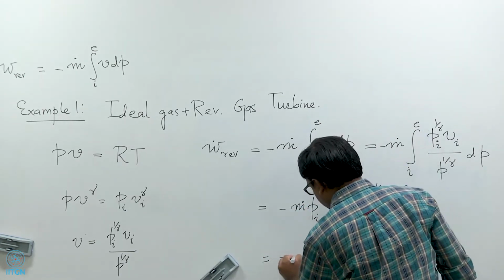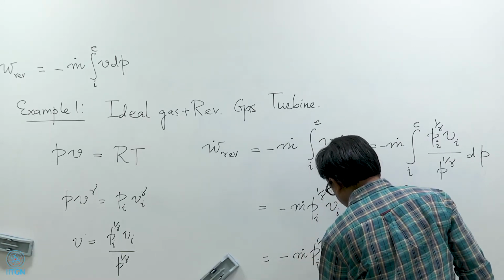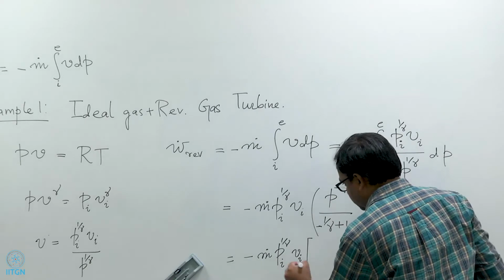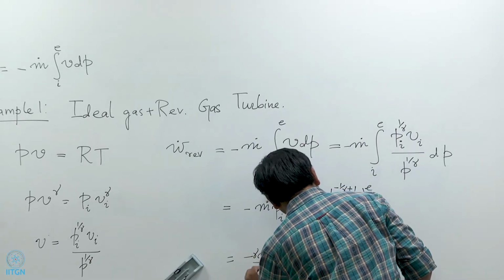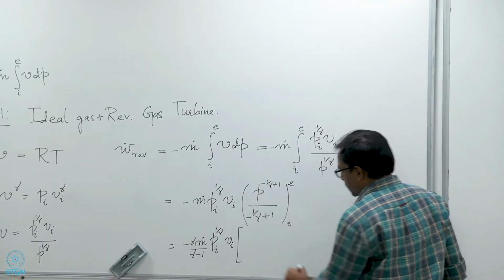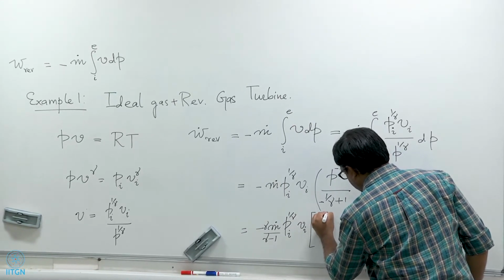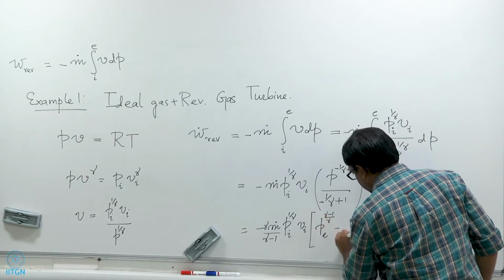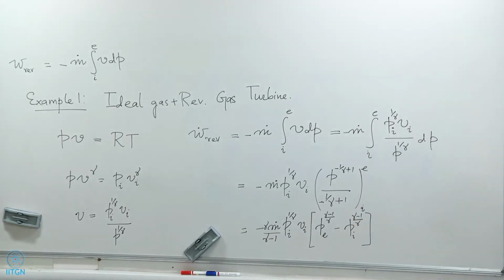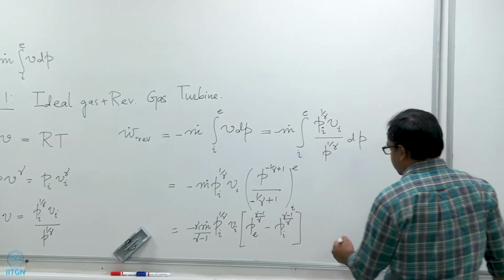So, we can write this as minus m dot Pi to the power 1 upon gamma Vi, and this term I can bring out. This will become gamma times gamma minus 1. Then I get PE to the power gamma minus 1 by gamma minus PI to the power gamma minus 1 by gamma. Let us pull the PI out of the bracket, as that will be convenient.